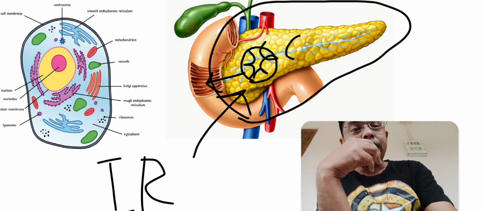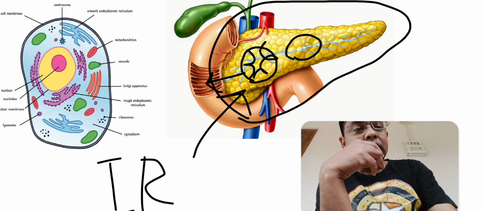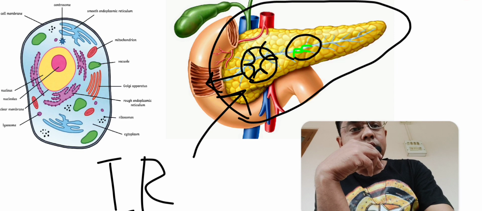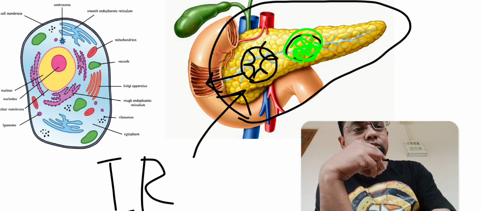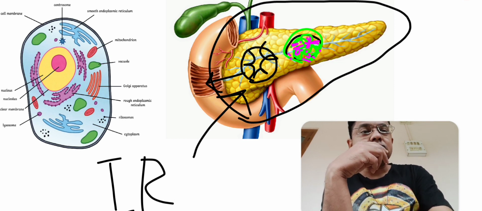Now, regarding the endocrine functions, there are some islands of cells, and these are known as islets of Langerhans. There are different types of cells within this island. Some are beta cells, some are alpha cells, some are delta cells.